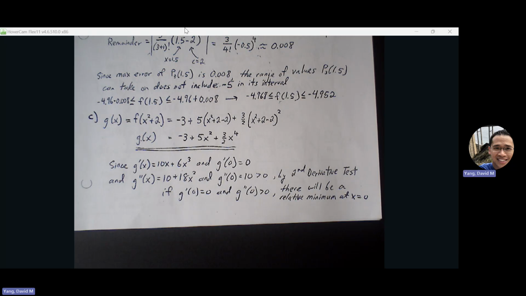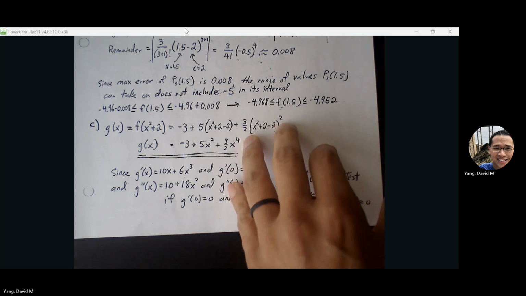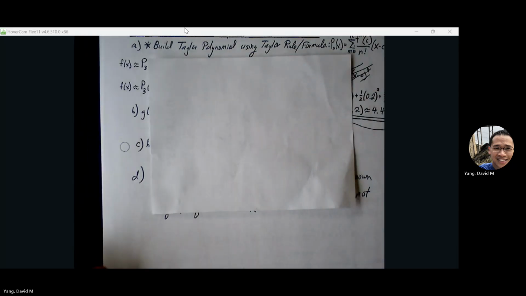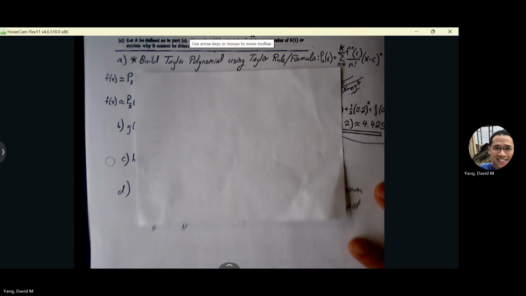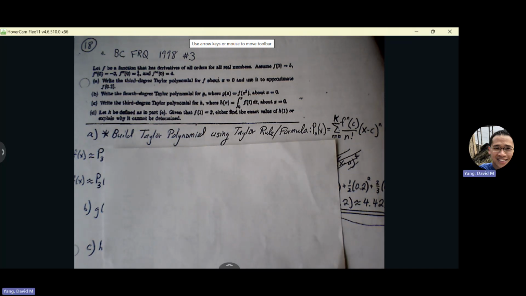Okay, next up, page 18. I think part A should feel pretty familiar. We're just building our third degree Taylor polynomial.